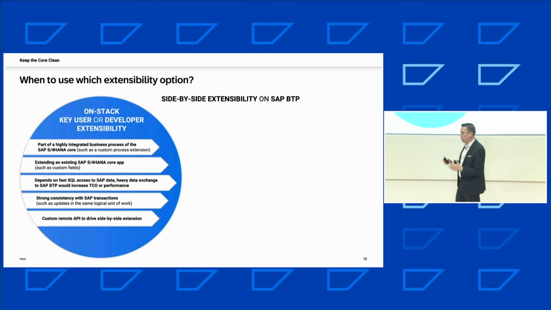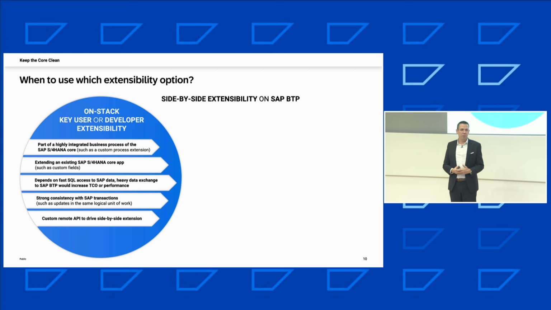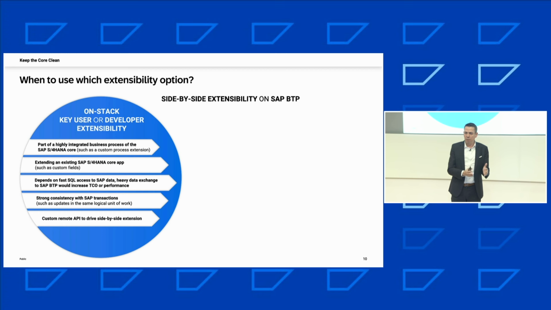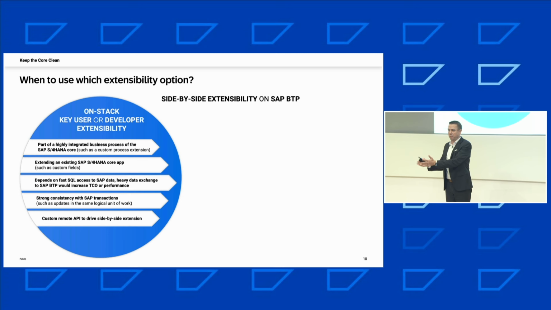Or if you want to extend an SAP standard application with the key user extensibility, so to add a custom field, to hide certain information, to rearrange the UI, etc. Third, if you have complex SQL statements that deal with a lot of data, again, only if you follow clean core here, so go through CDS views, but for that reason, it would not make sense to first copy all the tables to the BTP, do then some iterations, return the results.